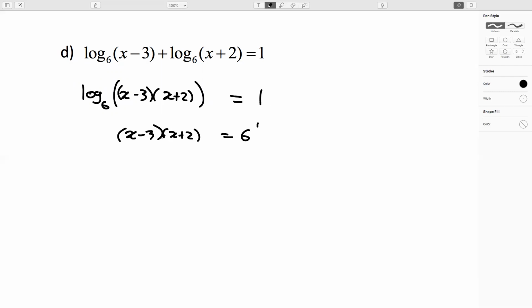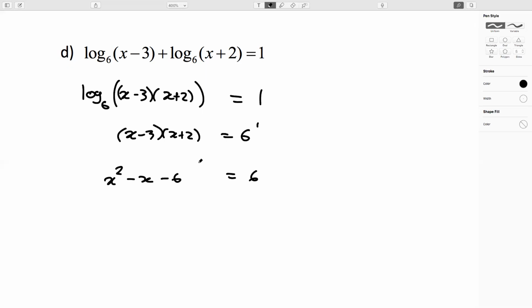Now we're kind of stuck expanding our brackets, so we've got to do some FOIL, first, outer, inner, last, and we will get x squared minus 3x plus 2x, so minus x minus 6 equals 6. And then we need to move our 6 over. I think you can see where this is going. We're going to get a quadratic equation on our hands.